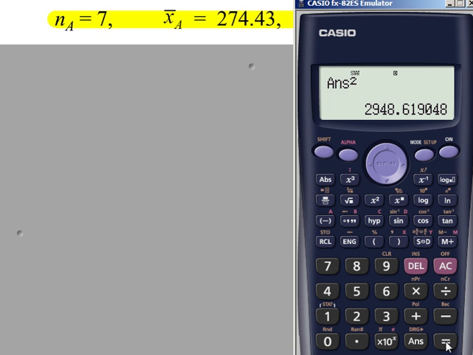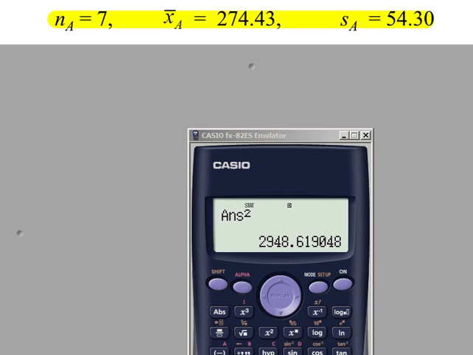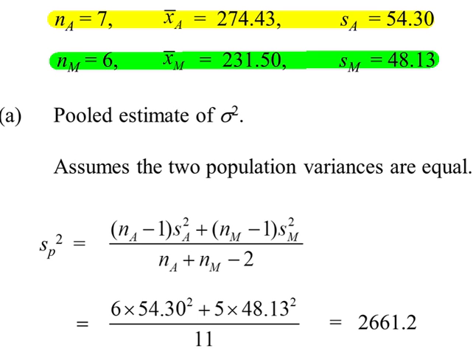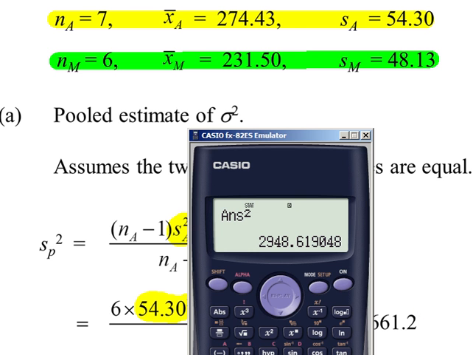So 54.30 squared. This value goes into this part of the formula, that's a variance, so we're squaring. So this is the S_P squared value, the pooled estimate for the population variance.